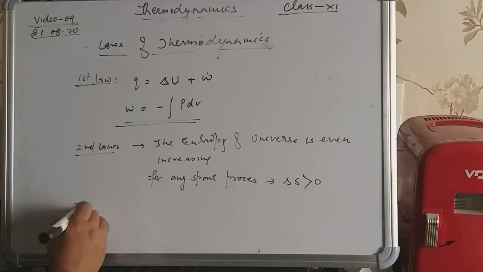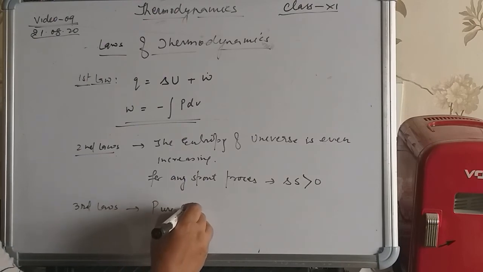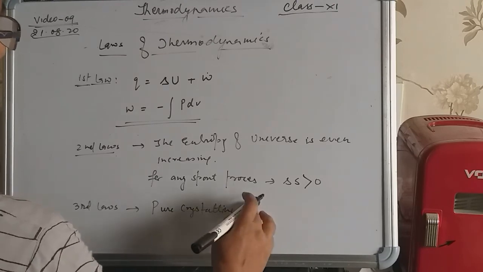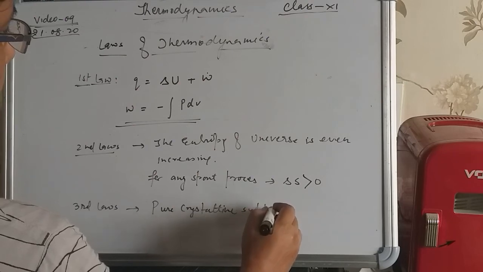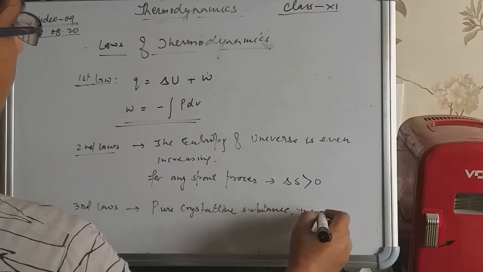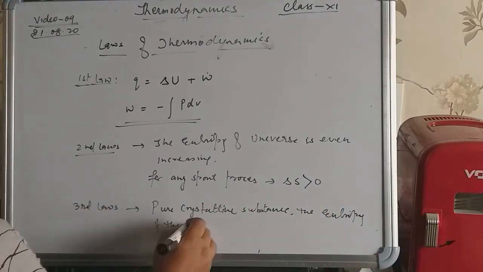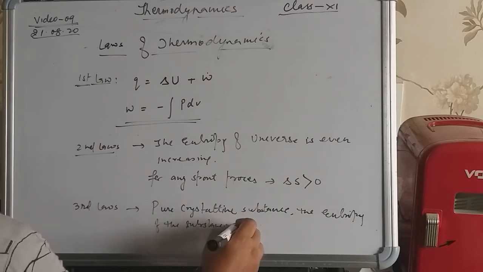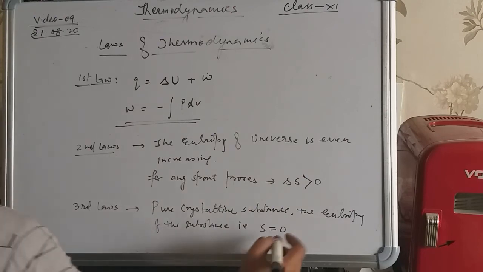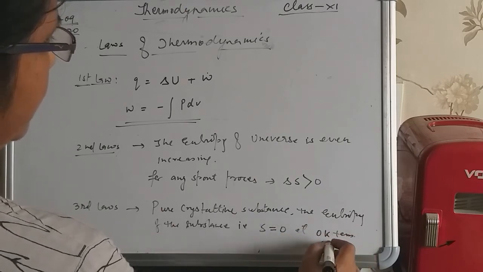And the third law states that the entropy of a pure crystalline substance becomes 0 at 0 Kelvin temperature, which is known as absolute temperature.